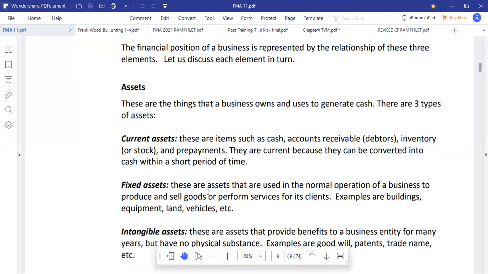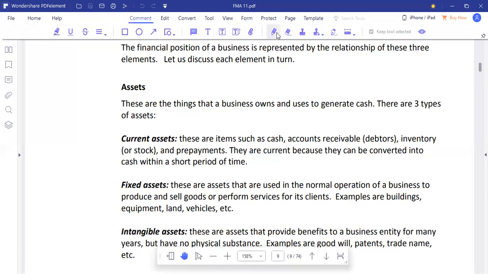Then we also have what we call the fixed assets. These are the assets that are used in the normal operations of a business. The fixed assets are also called capital expenditure because they are meant for normal operation. So assets that are sellable, like cars, are called inventory. They're meant for resale.